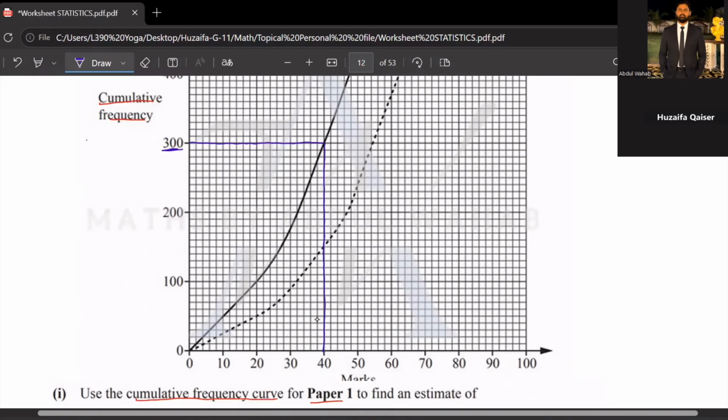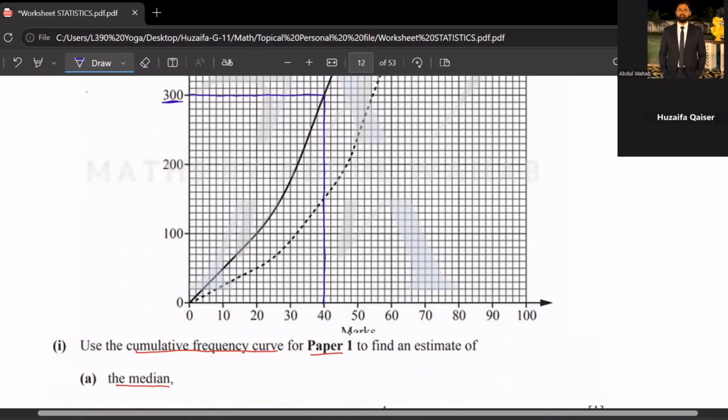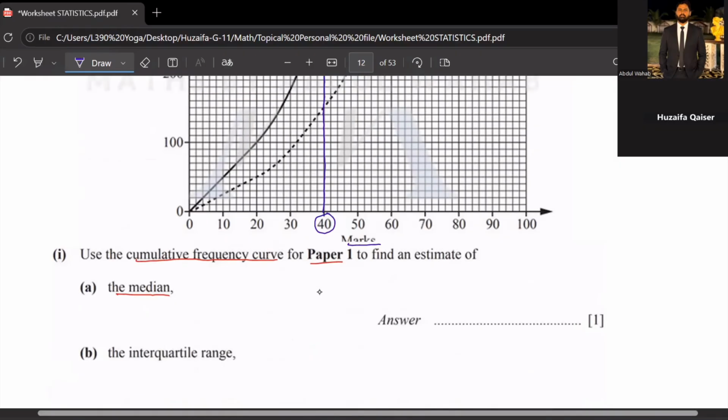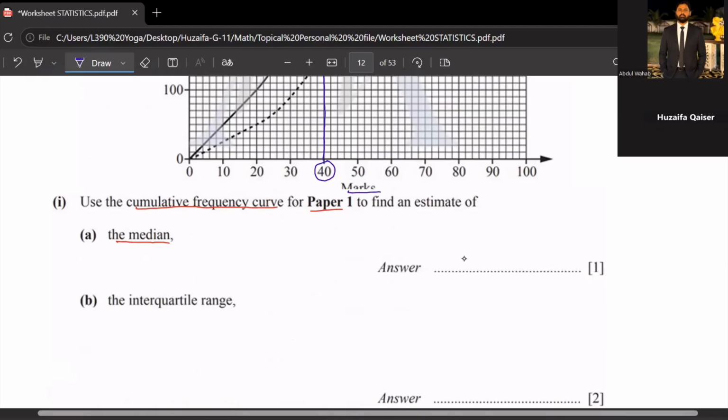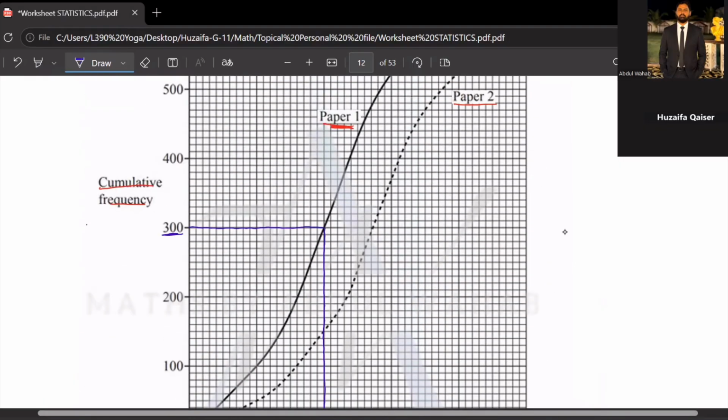So what is the value here? 40. The x-axis represents the marks. So 40 marks basically represents the median of paper 1 of the students. 40 marks you can see. So this line represents the median.